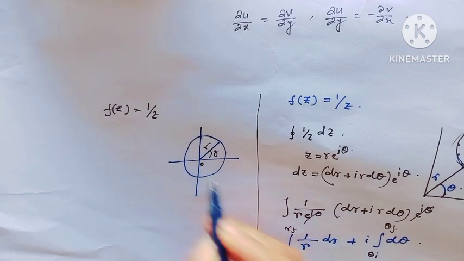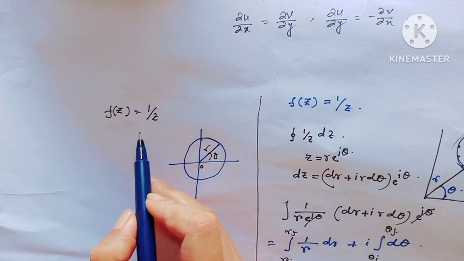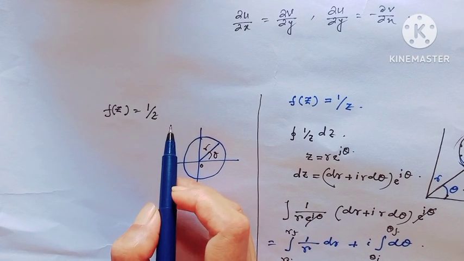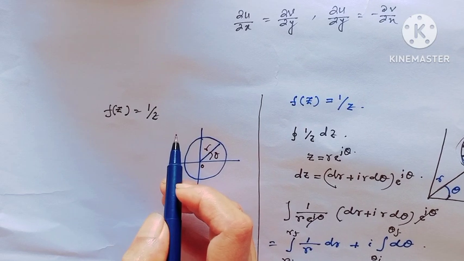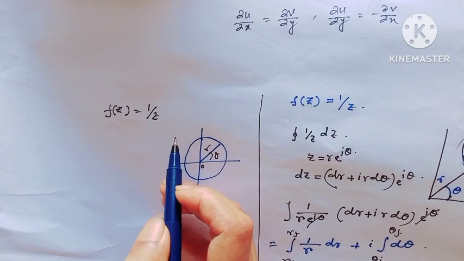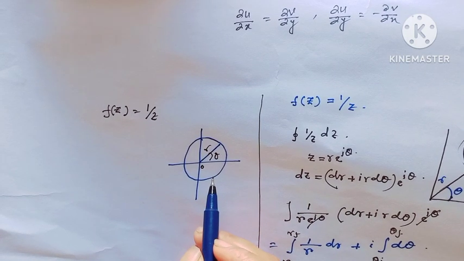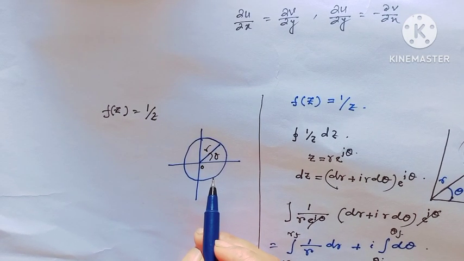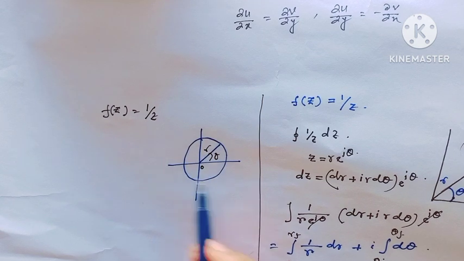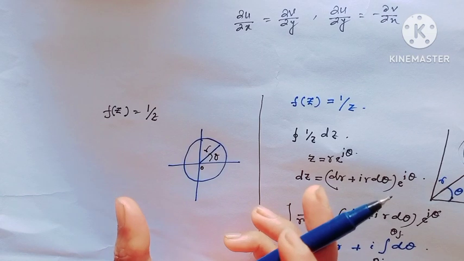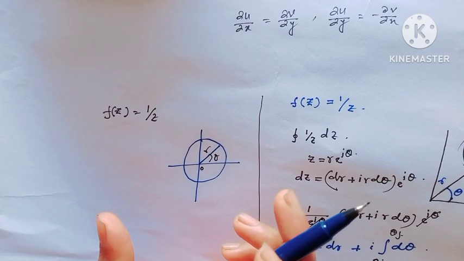If we consider this closed curve, notice here 0: 1/z is not defined at the point 0, so here it has a singularity. At the point 0 it is not analytic. So by the Cauchy-Goursat theorem, we cannot say the value would be 0 on this closed curve. But this integral has one value.